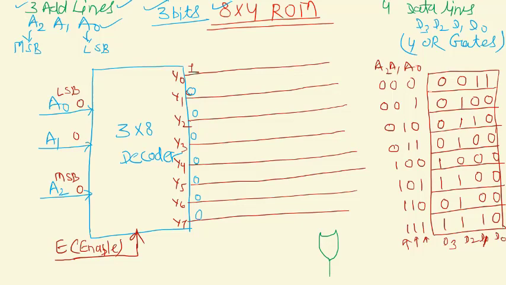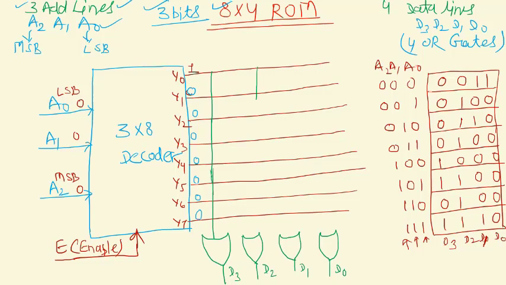So this is D0, and this is D1, and this is D2, and this is D3. And D0, D1, D2, D3 are being connected by all these lines, and this is also connected like this, and this is also connected like this.